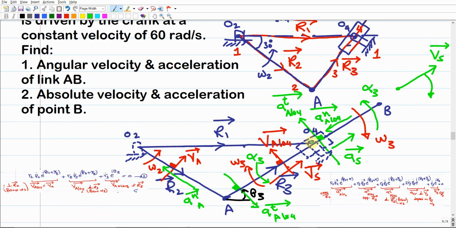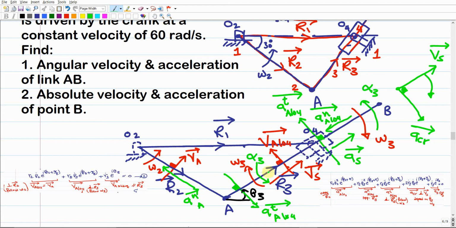For any point between P and O4, its Coriolis acceleration will be represented here, following this omega 3. So rotating in this direction gives us the direction of the ACR vector. It should be perpendicular to Vs following omega 3 for any point between P and O4.